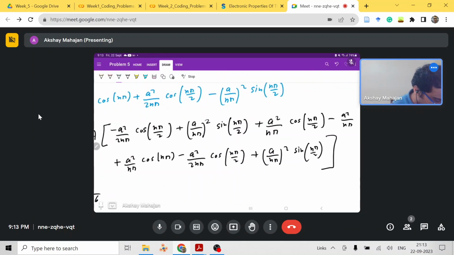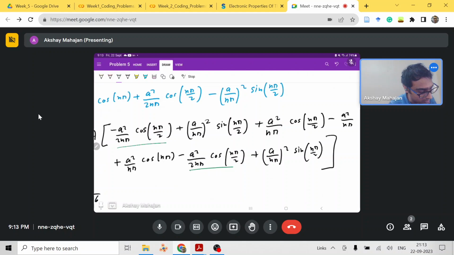So I will have minus a square upon 2n pi cos n pi by 2, and minus a square upon 2n pi cos n pi by 2, these two terms.